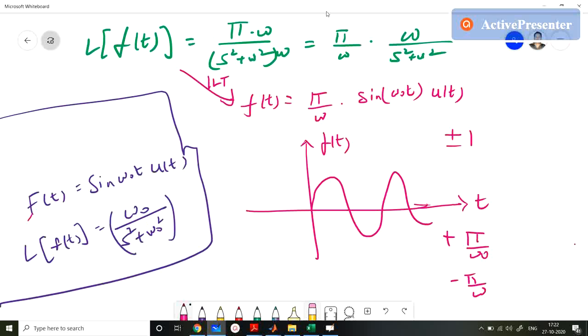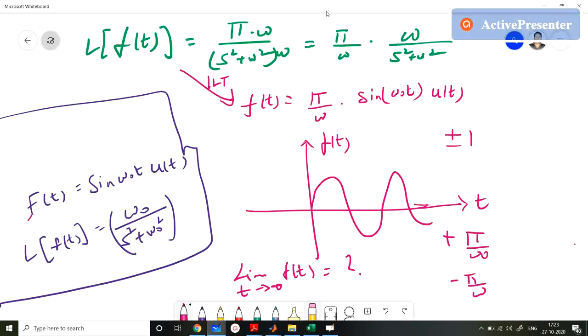So basically, if we want the final value, that is the limit as t tends to infinity of f(t), then we can't say that there is a fixed value, because it is a sinusoidal signal. The value will range from plus pi by omega to minus pi by omega.